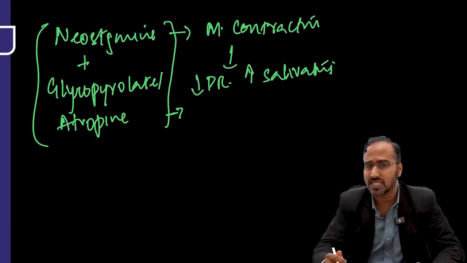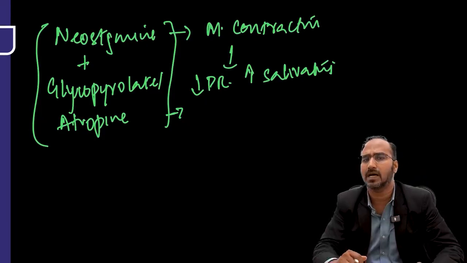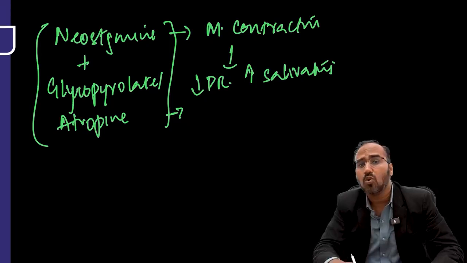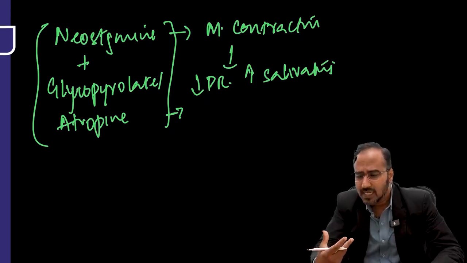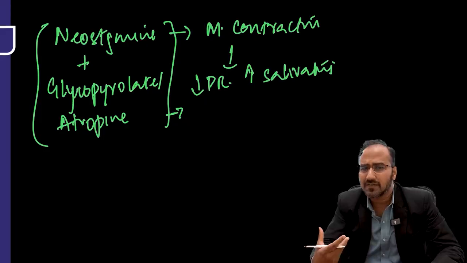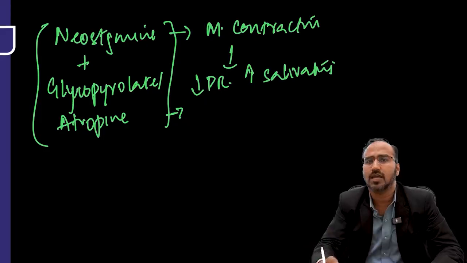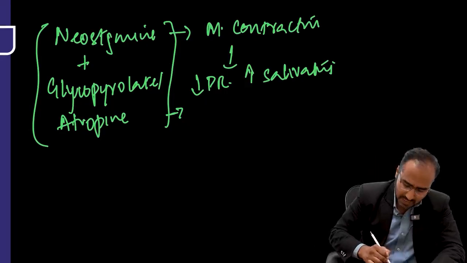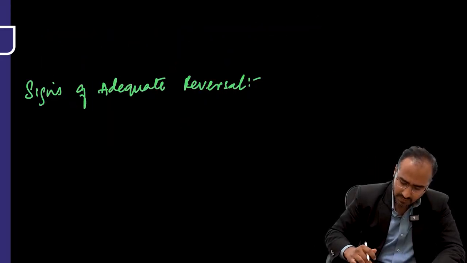Now, guys, in the reversal phase, one more thing that we need to remember. After reversing the patient from anesthesia, after giving this neostigmine and all, how will you come to know that your patient is adequately reversed? There are some signs of adequate reversal.